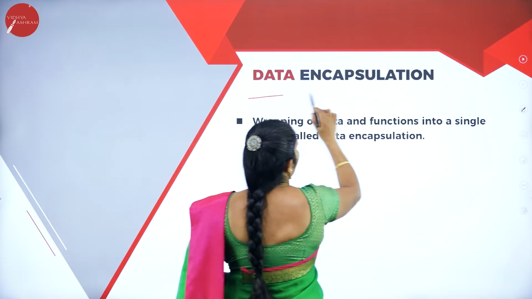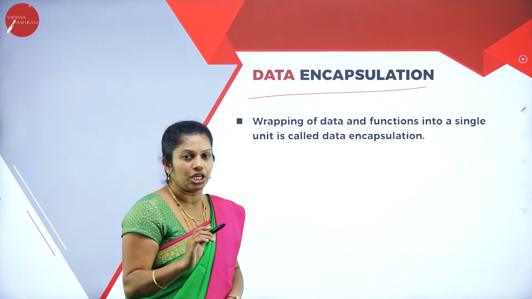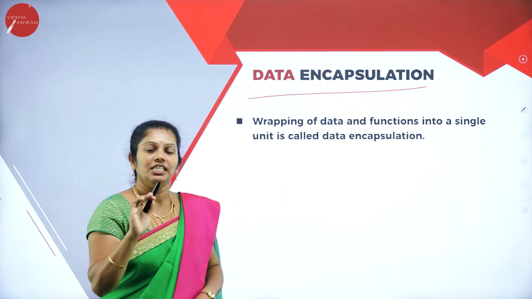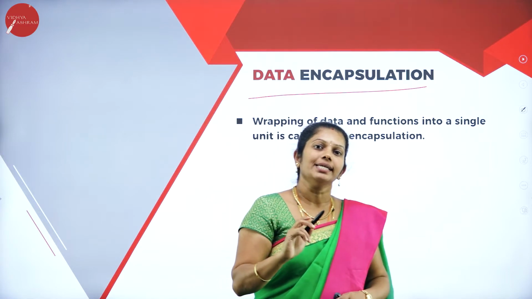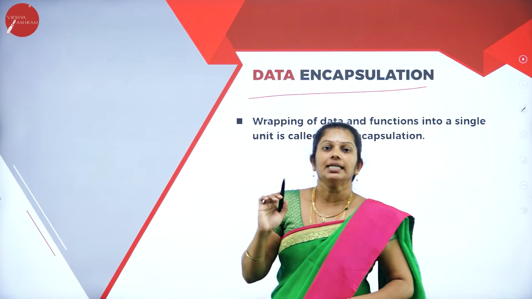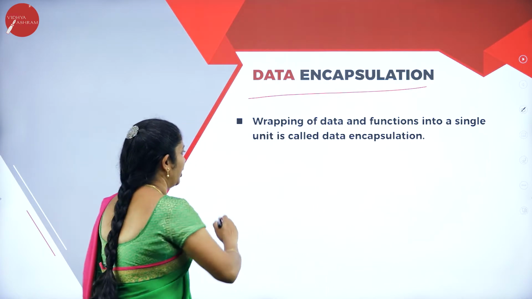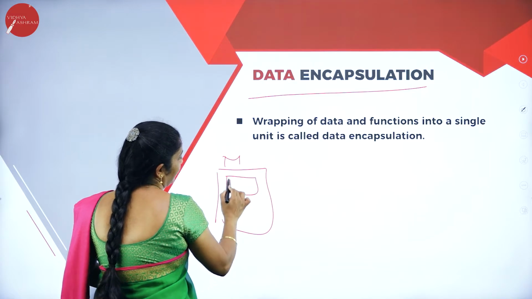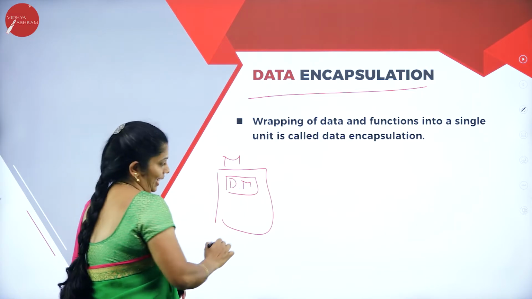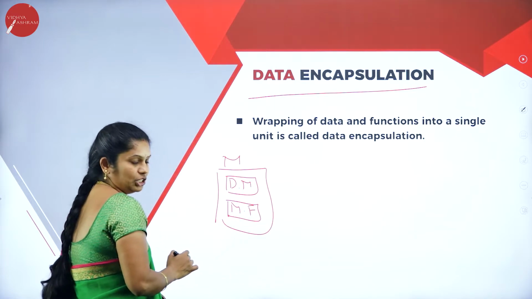Next, data encapsulation. What do you mean by this encapsulation? Encapsulation is nothing but binding up of data and function into a single unit, which is called data encapsulation. As I already told you, in the mobile we have data members, that is the contacts, and then member functions, a set of operations.